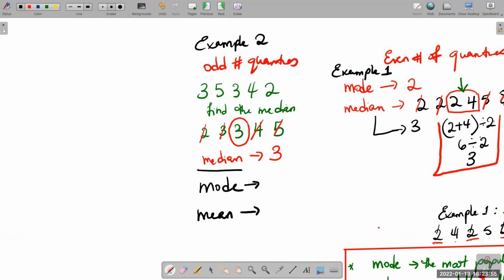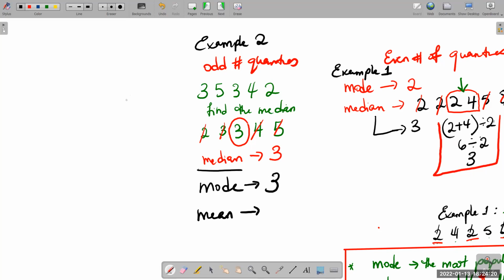If we got 3, 5, 3, 4, 2, remembering that the mode means the most popular number, what is the mode for this batch of numbers, raw data? Take a try, everybody. Let's go. T, what do you think? Excellent job. Pretty easy, because as we see here, there are 2 3s, so the mode is 3.